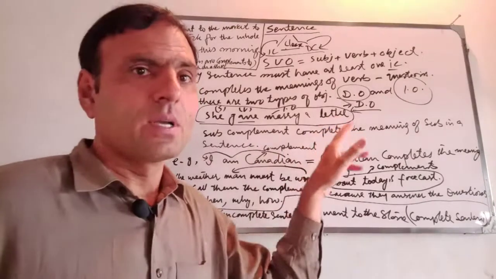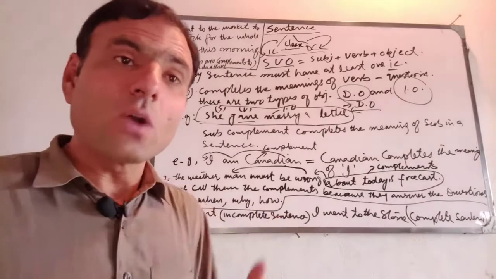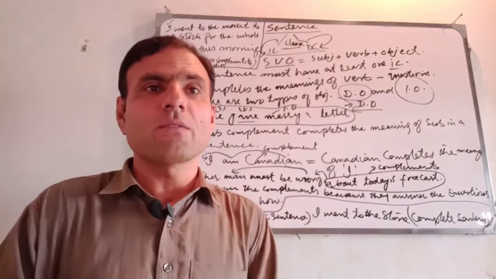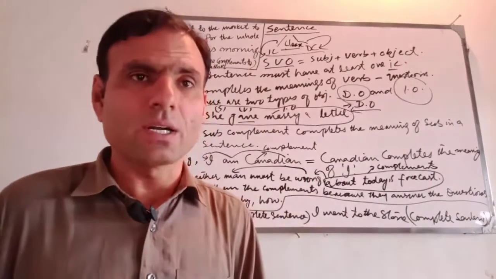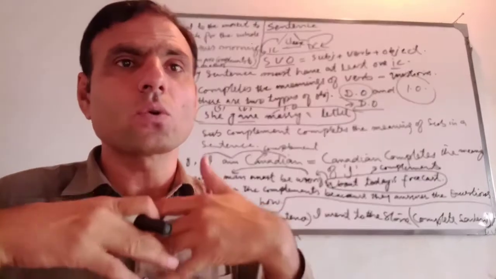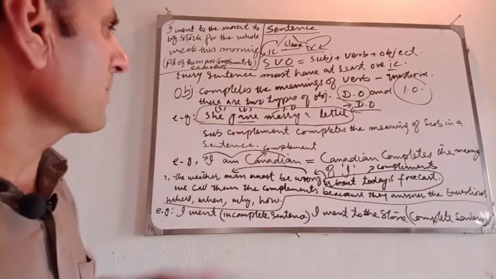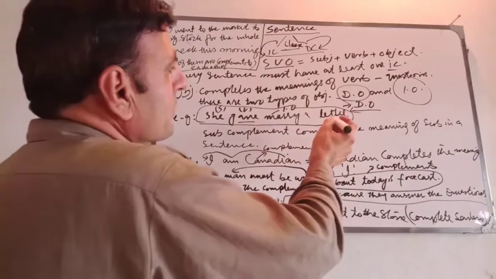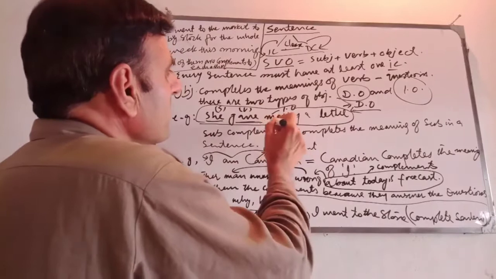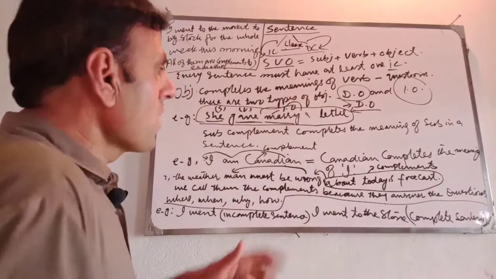If we say only up to here, she gave Mary, we don't know the function of the verb gave, that what did she give her. So the object tells us the meaning or clears the verb to us. Once again, she gave Mary a letter. She is the subject, gave is the verb, Mary is the indirect object. Why?